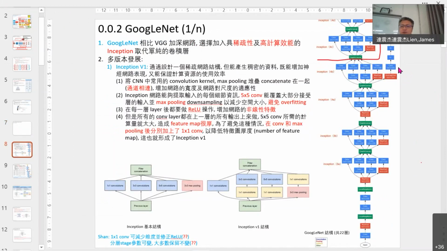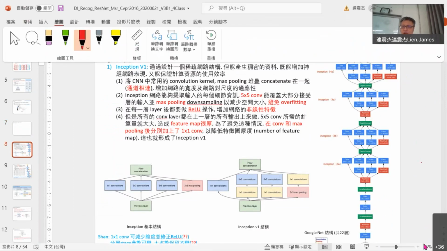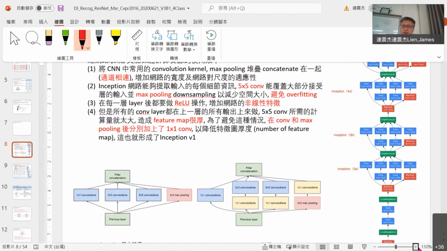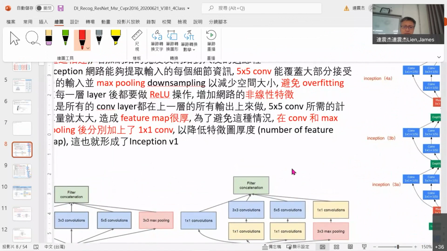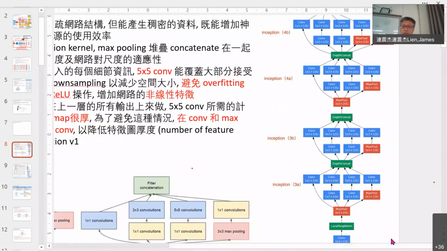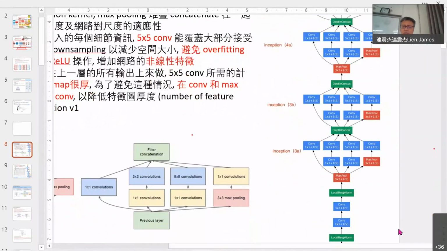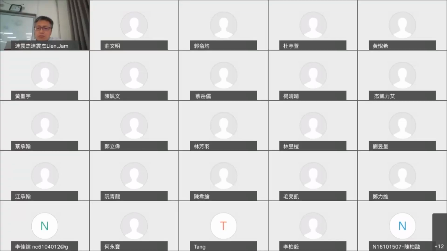For each GoogleNet block, it's easy. I zoom in. The previous one is just extraction.